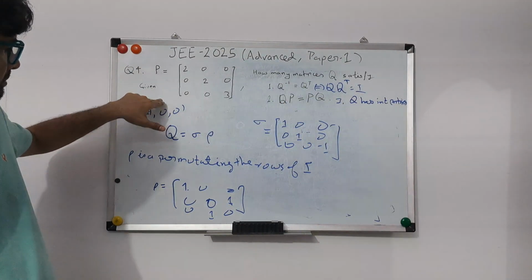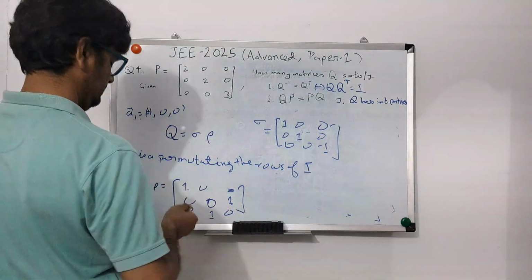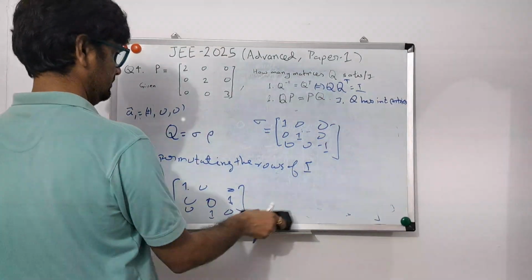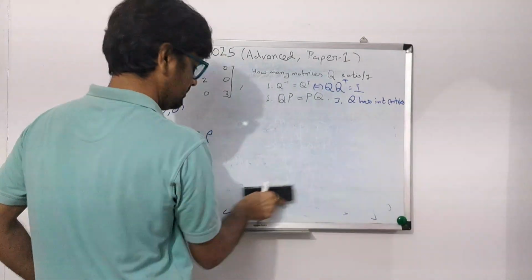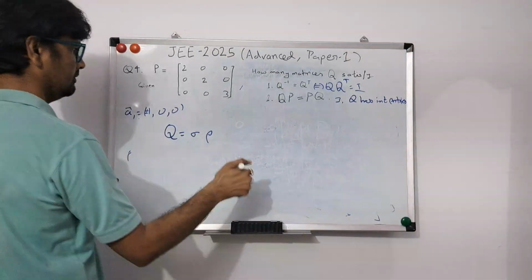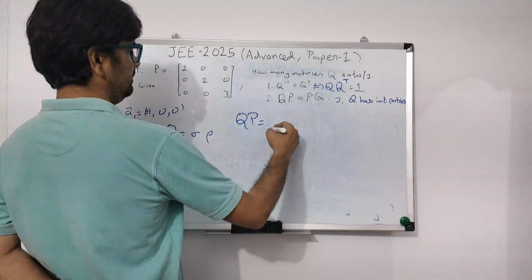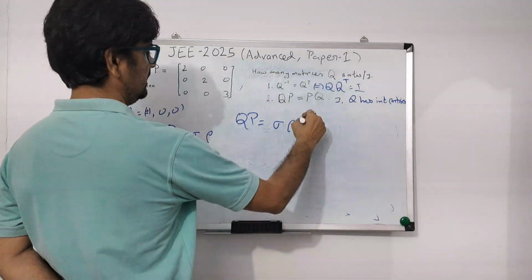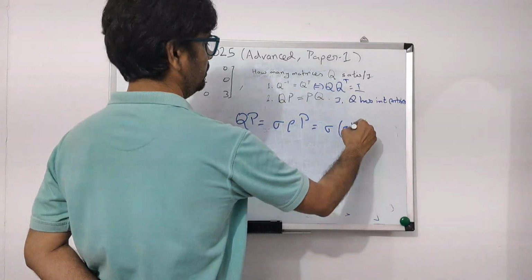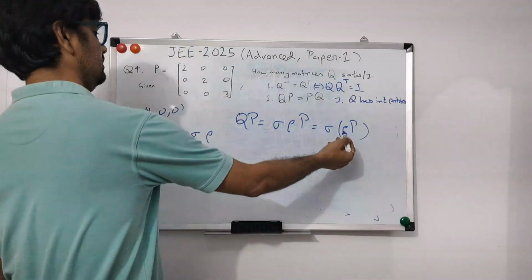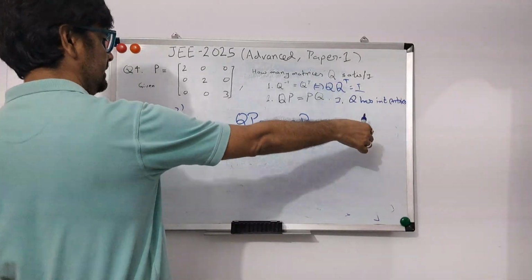Now when we multiply Q with P, we are multiplying 2 matrices, rho sigma times P, equals sigma times rho P. Rho is obtained by permuting the rows of the identity matrix.